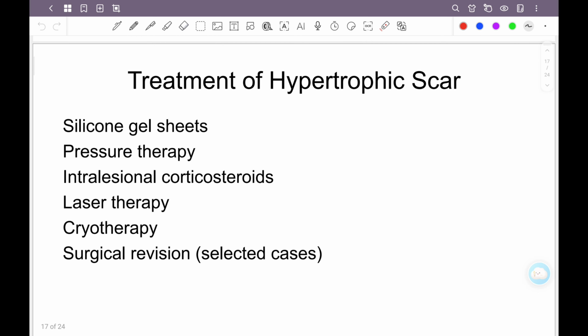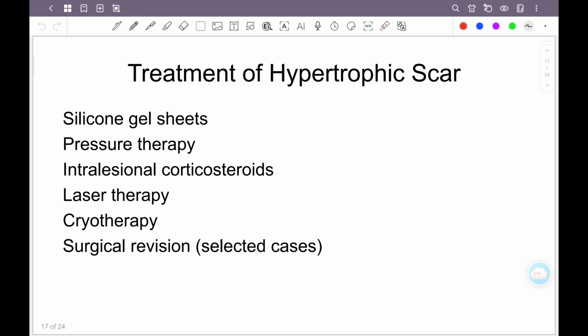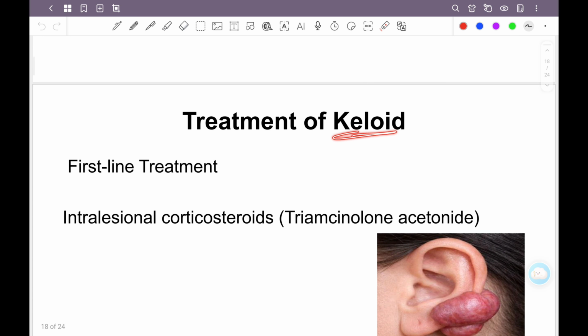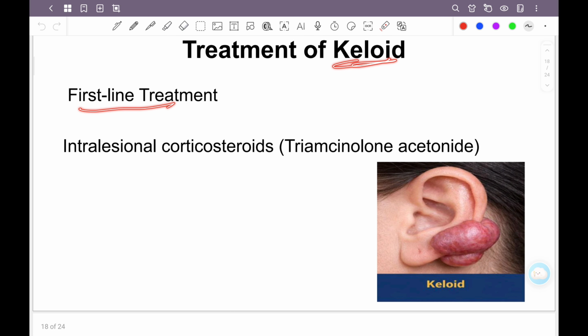For hypertrophic scar, the main treatments are silicone gel sheet, pressure therapy, intralesional corticosteroids, laser therapy, cryotherapy, or surgical revision in selected cases. For keloid, the first line treatment is intralesional corticosteroid injection, most commonly triamcinolone.